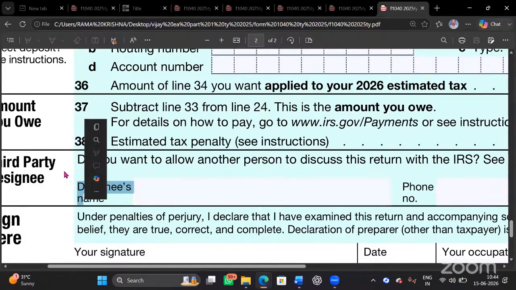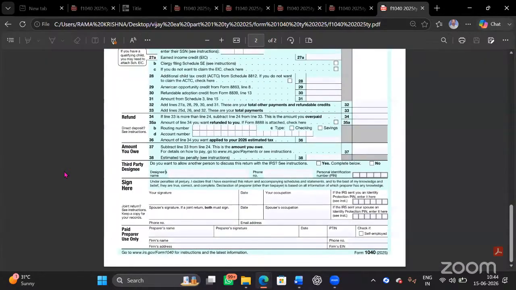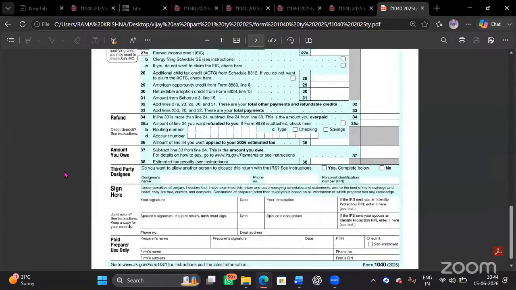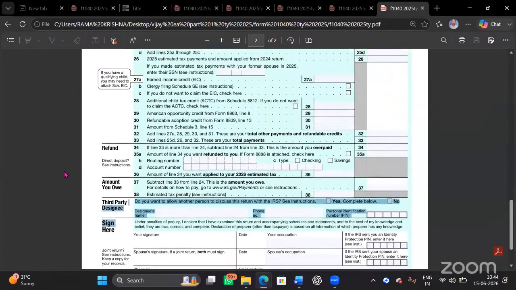Already I gave you Schedule 1. Can you give the title of Schedule 1? Anyone? We will share in the group, guys, after this session. Sir, I request every student to read this format.